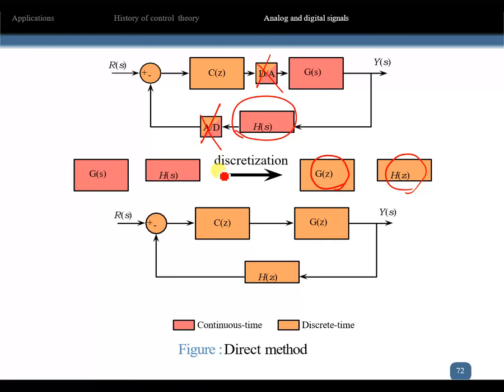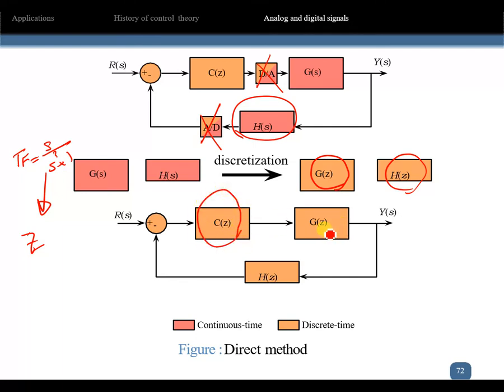Here the name is discretization. I will tell you seven or eight methods for how my system in the S domain, for example a transfer function in the S domain, can easily be changed to the Z domain. Then I don't need any converter because my control is in the Z domain.